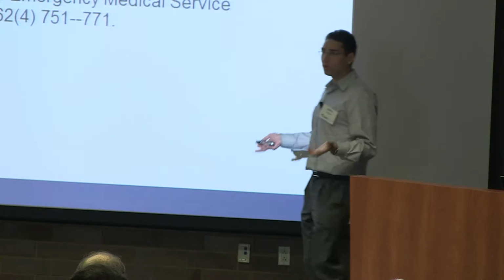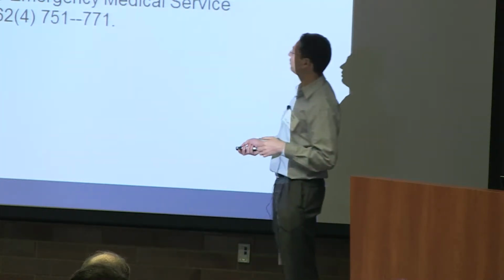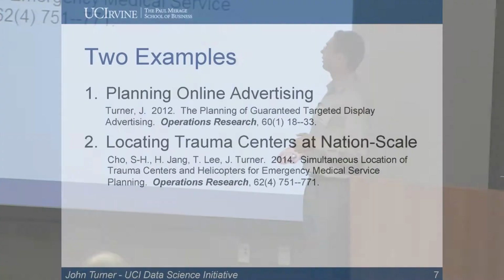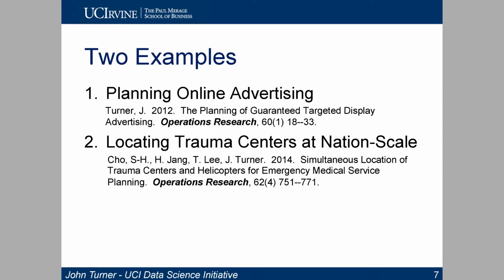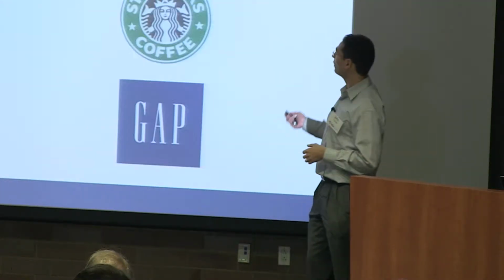And so today I'm going to give you two examples to illustrate what I'm talking about here. The first deals with planning of online advertising, and then the second talks about locating trauma centers at the national scale. Okay?